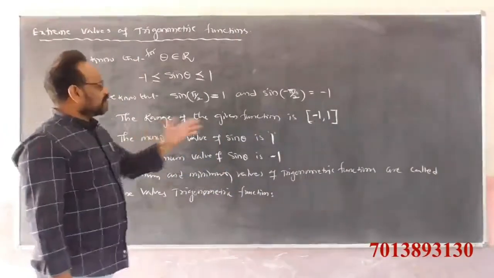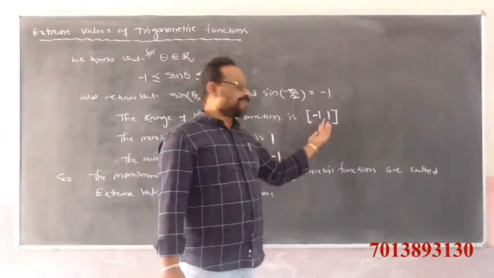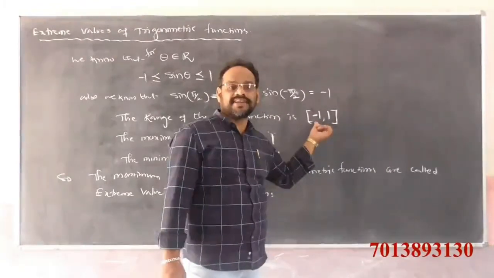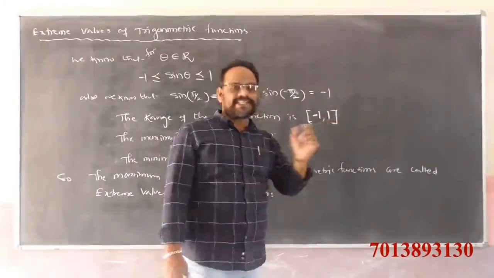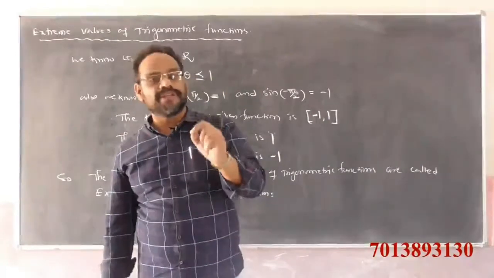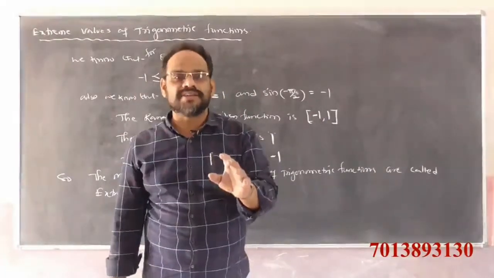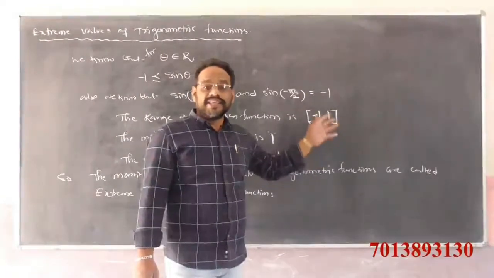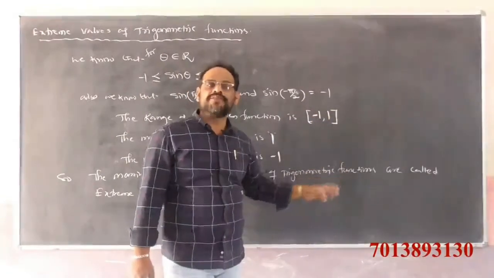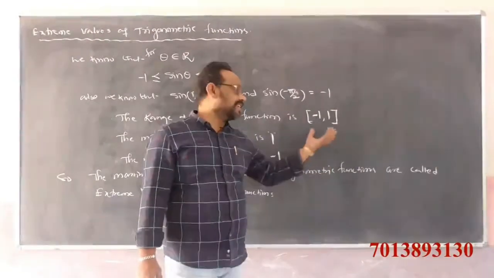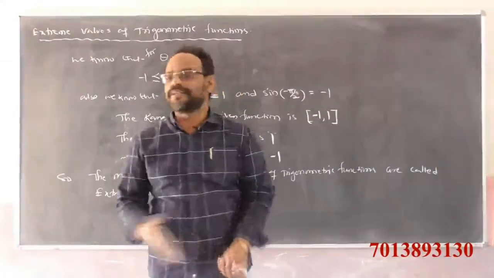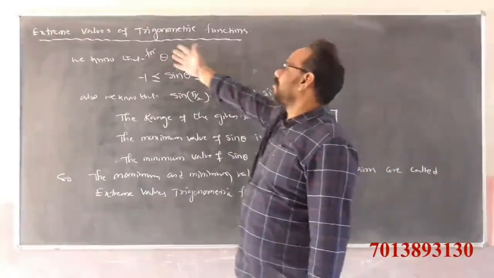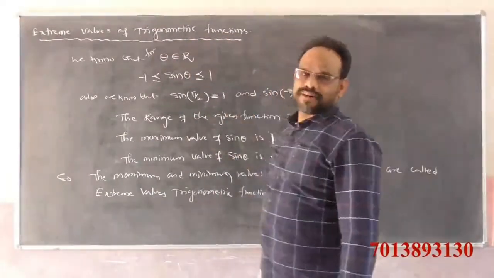Observe here: the minimum value of sin theta is minus 1 and the maximum value of sin theta is plus 1. These minimum and maximum values of the given trigonometric function are called extreme values of the trigonometric functions.